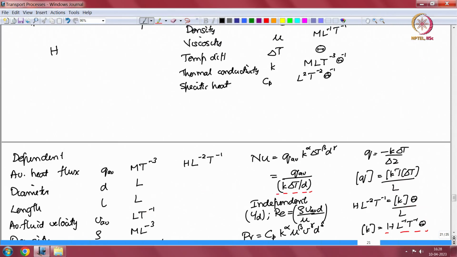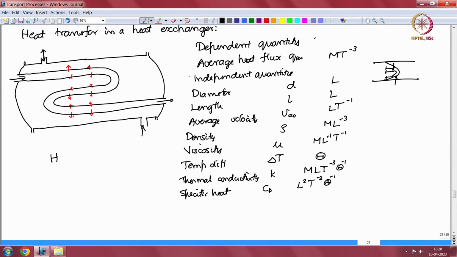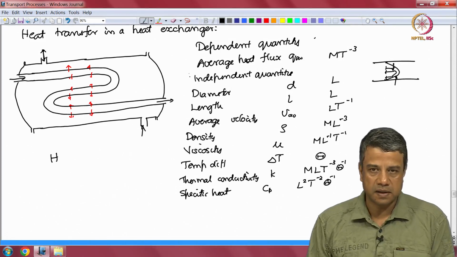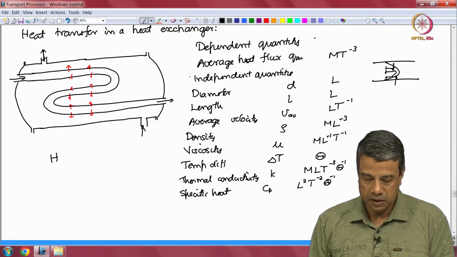In our discussion of heat transfer across a heat exchanger, we had expressed it in terms of the average heat flux, that is the heat flux per unit surface area of the tube. That heat flux you would think would increase as the surface area increases. So, as you kept increasing the length, you would think that the total heat transfer rate keeps increasing. That is true.